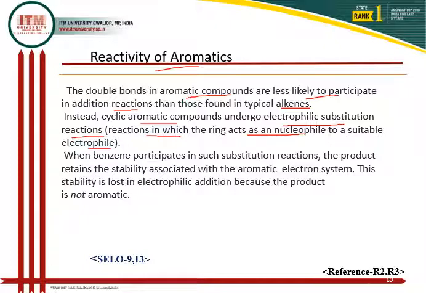When benzene participates in such substitution reactions, the product retains the stability associated with the aromatic electron system, and this stability is lost in electrophilic addition because the product is not aromatic. So in substitution, its stability is not lost, but in addition, the stability is lost. That's why they go for substitution reactions.